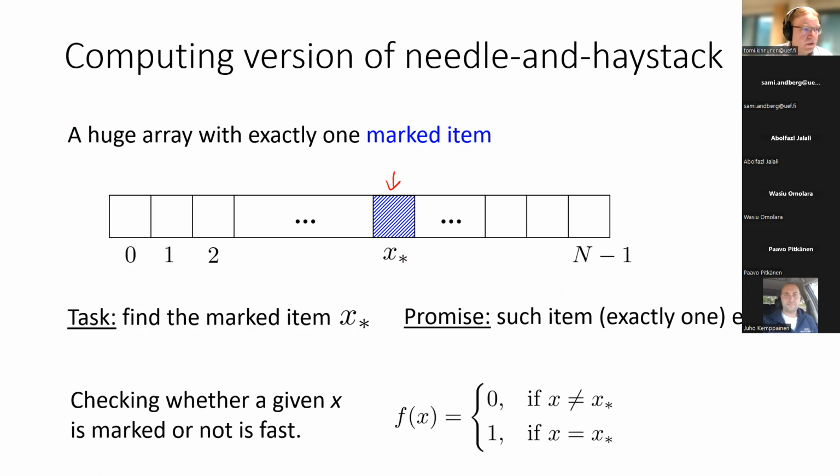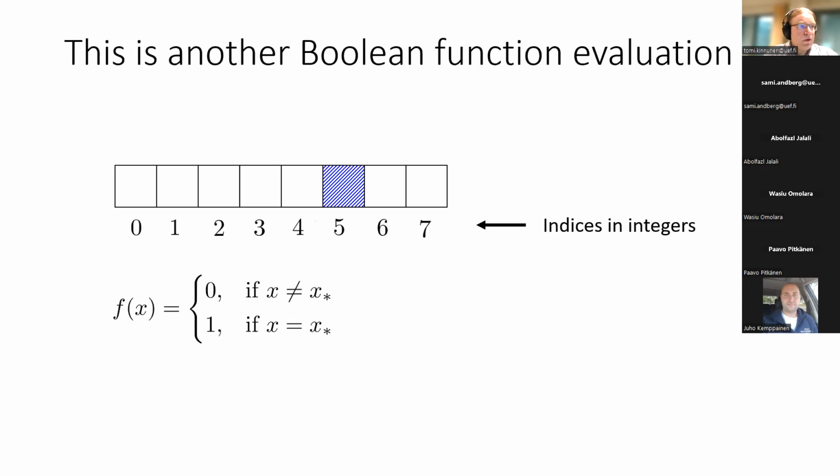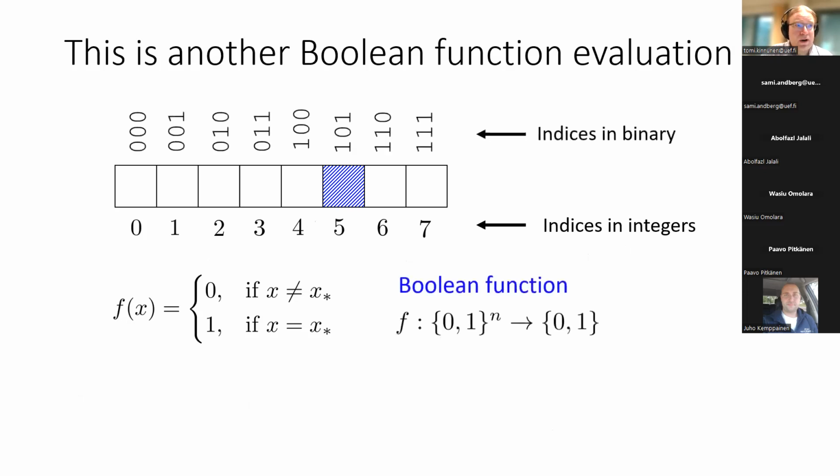This is already something I mentioned, so that would be the Oracle function this time, the function where we can ask the question: given x, is it this one or not? So we've been talking about the Boolean functions, and this is another similar task.